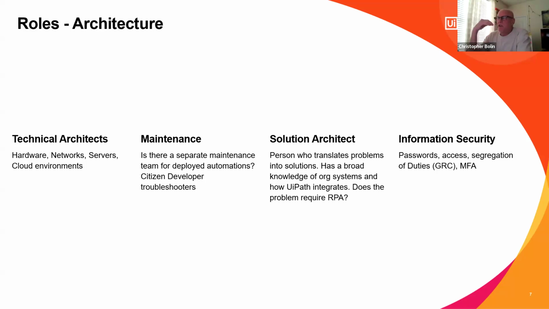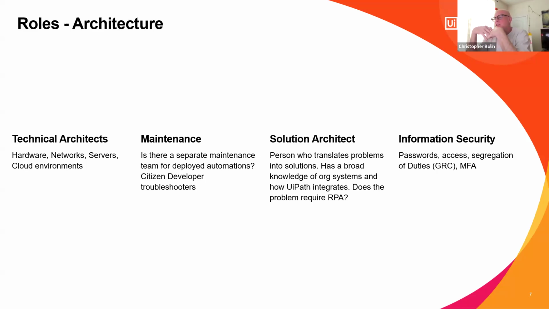Maintenance. I've worked with and consulted with CoEs where they had an entirely different maintenance division, a maintenance function, where they had people that just maintained automations. And this is very critical. We'll talk about this a little bit more when I talk about architecture: development standards for your developers, so that they all follow the same rigor, the same annotations, and the same way of labeling and using the RE Framework and things like that.